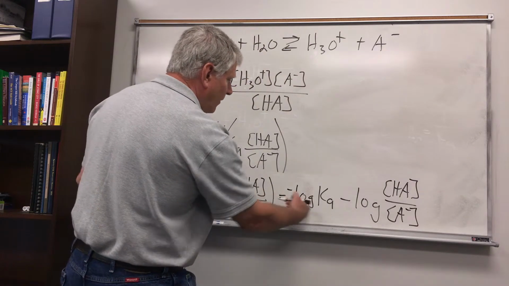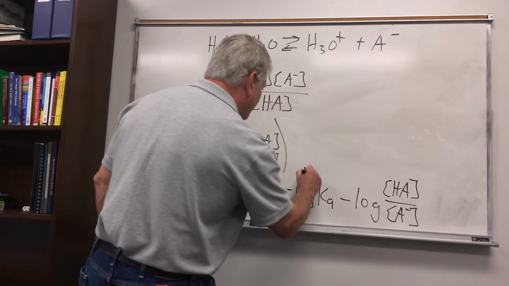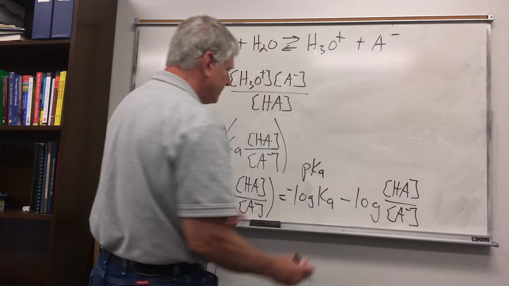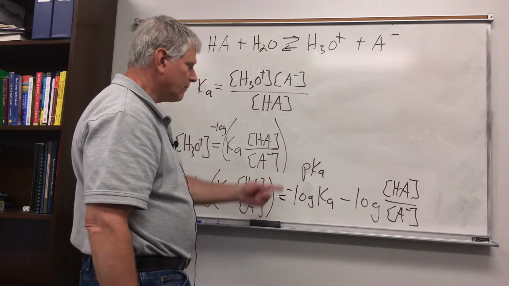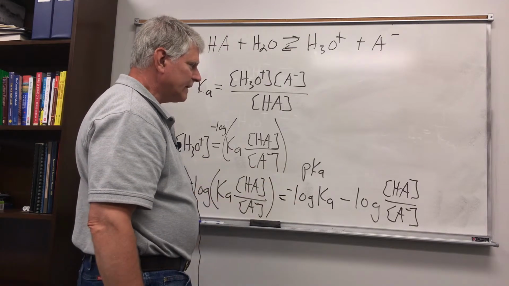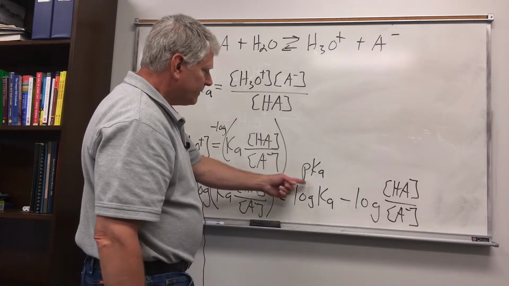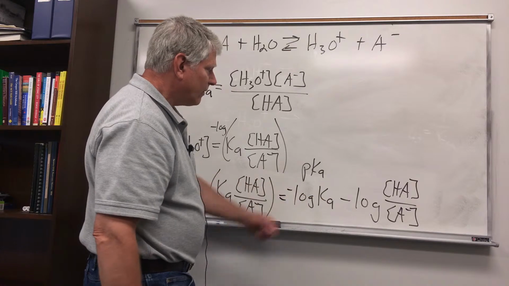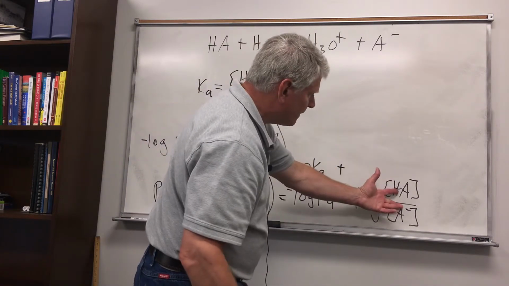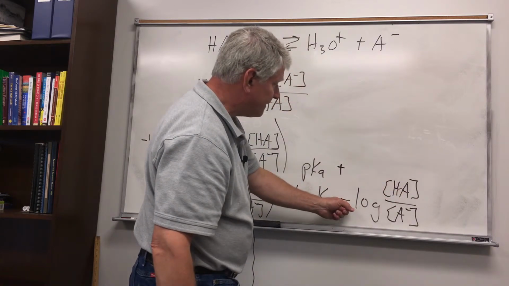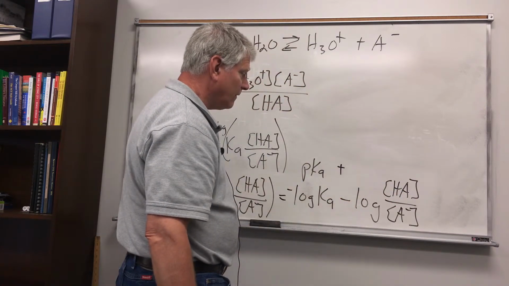So negative log of Ka is pKa. The little p stands for negative log, just an abbreviation that you'll see a lot. So this is just pKa, the negative log of Ka. And then if I invert this quotient, I change the sign of the logarithm.